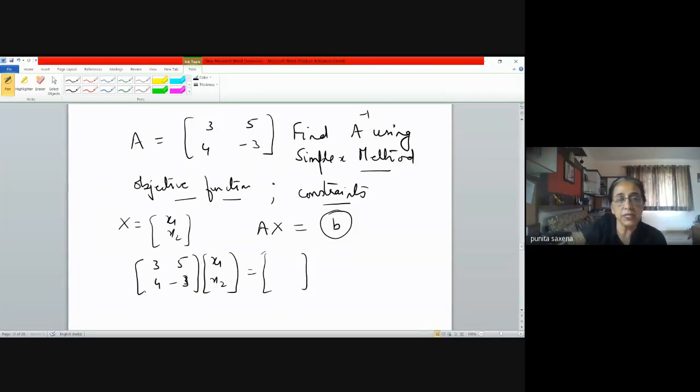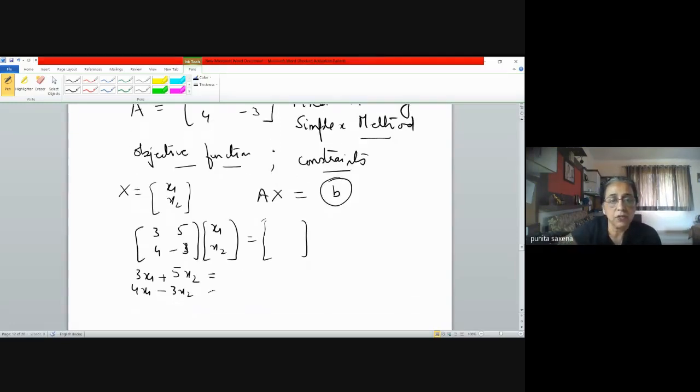See, what will happen is that this product will make my left hand side as 3x1 plus 5x2, and the second equation will be something like 4x1 minus 3x2 equal to something. So what I can do is randomly choose numbers here.